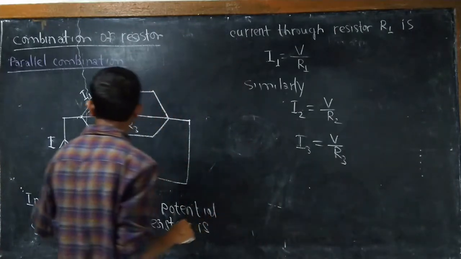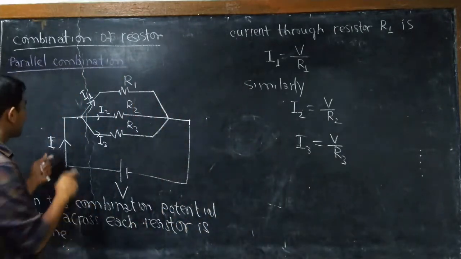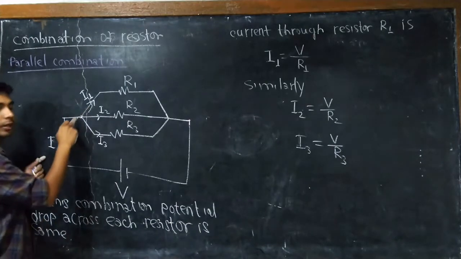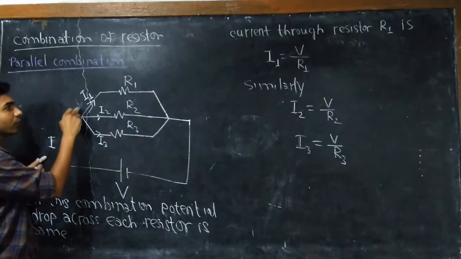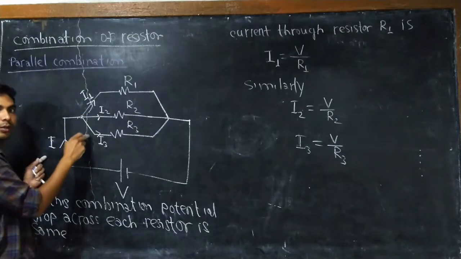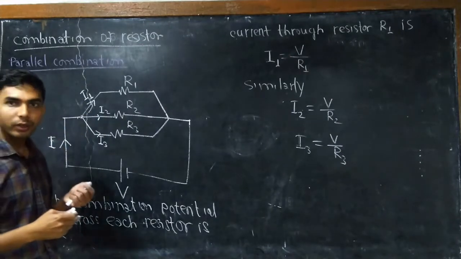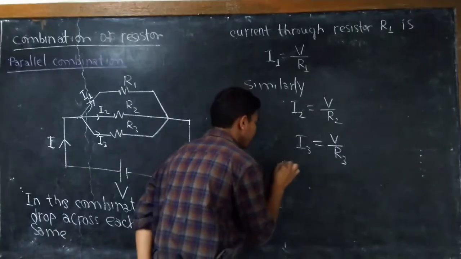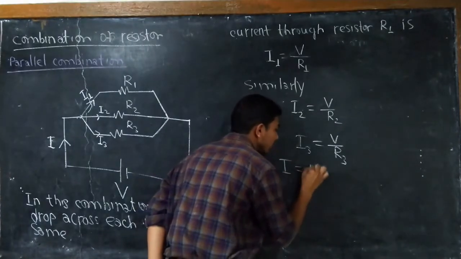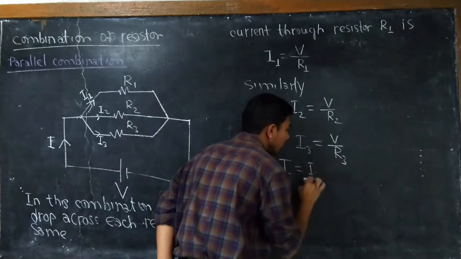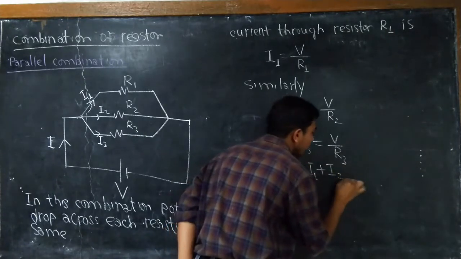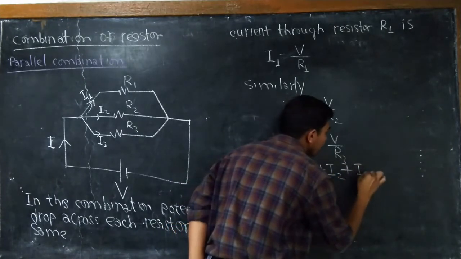Okay. Now here this I is going to divide into three parts. At this point, your I is going to divide into three parts: I1 plus I2 plus I3. So I will be the sum of I1 plus I2 plus I3, right? So I is equal to I1 plus I2 plus I3.